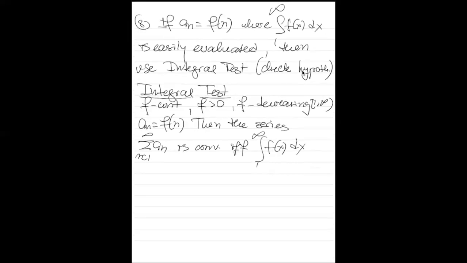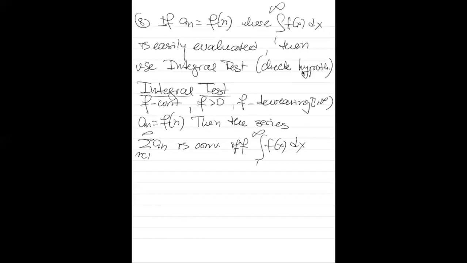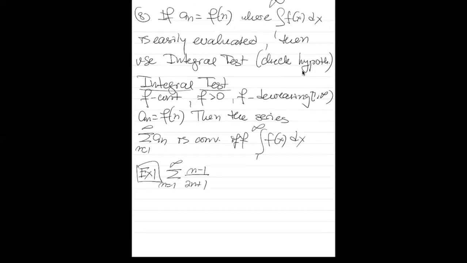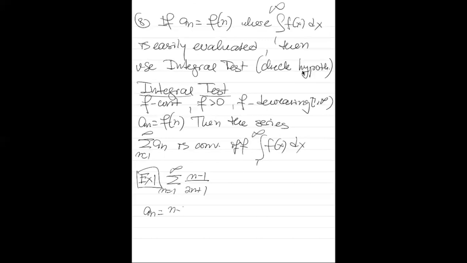So let's look at some examples now. We're not going to decide convergent or divergent, we're just going to decide what method we're going to use for each example. Example 1, I have sigma (n minus 1) over (2n plus 1), and n is from 1 to infinity. You don't even have to expand it, just look at the nth term. Let's write the nth term and think.